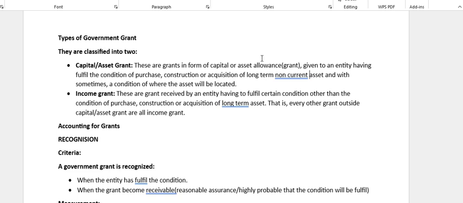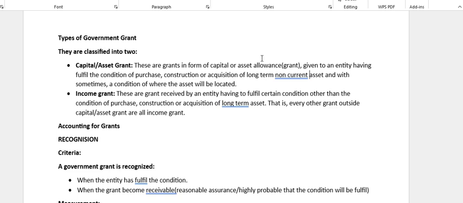Capital asset grant has to do with the allowances or grant that you receive if you have been able to fulfill the condition of purchasing, constructing, or acquiring a long-term non-current asset, and sometimes a condition where the asset will be located. I gave a good example of a company that they ask to locate its operations at a particular place, because of proximity to the capital territory.